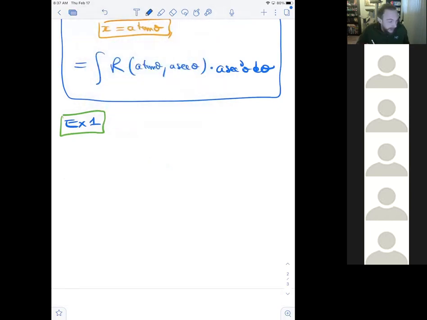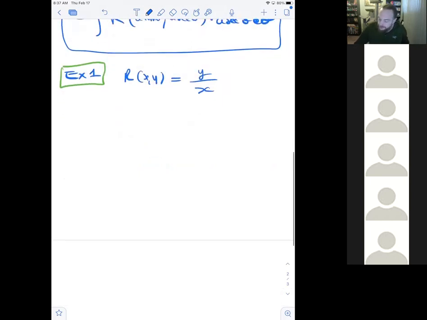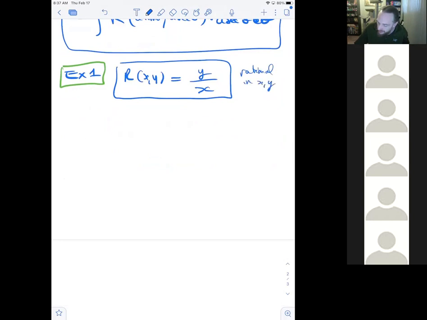So this is exactly what they're saying. If r of x, y is equal to y over x, if that's my function, a rational function in x and y, then what I would do is, if I had a rational function in x and the square root of x squared plus, let's do 4 or 2 squared, it is going to equal what?